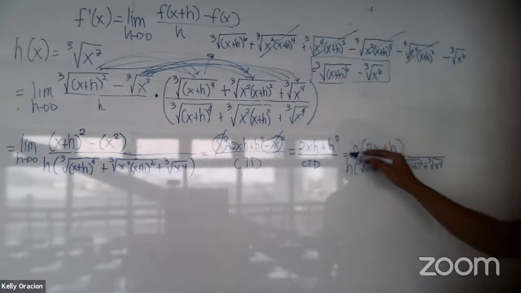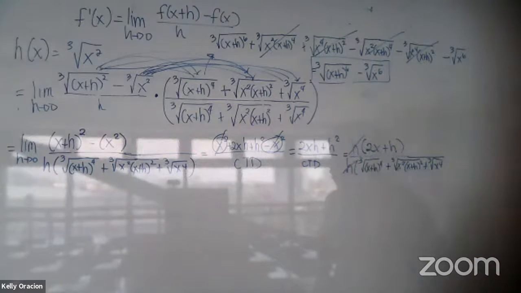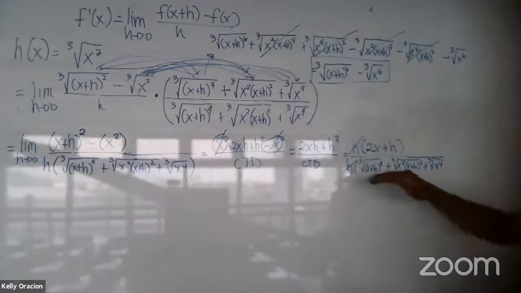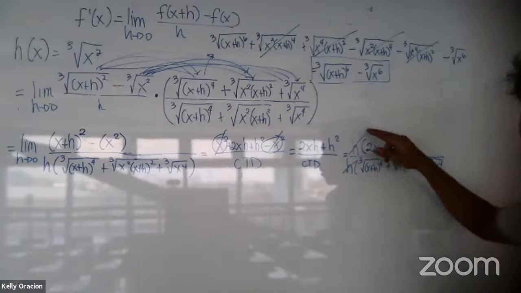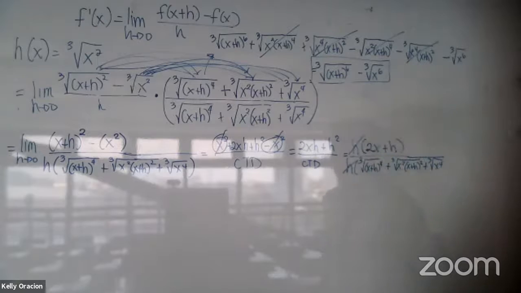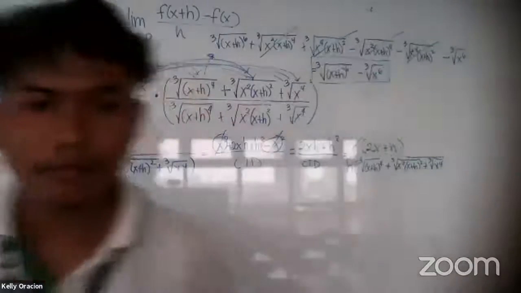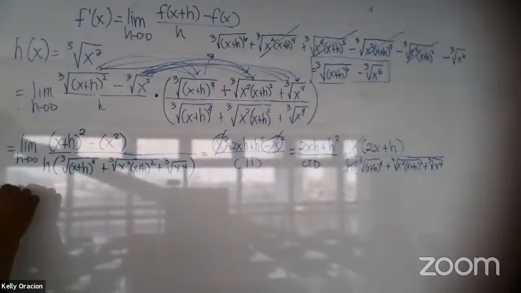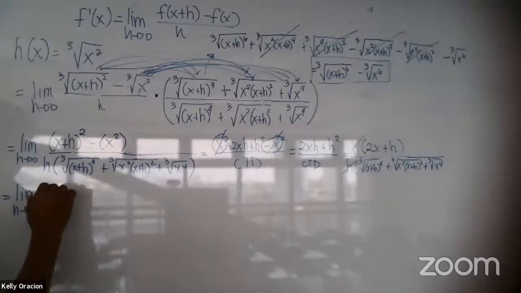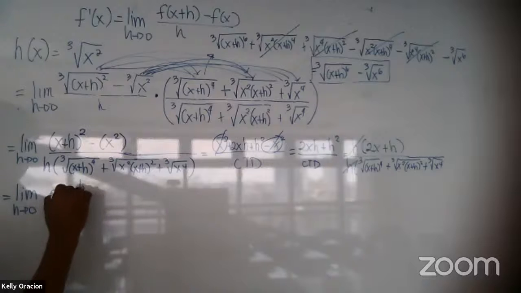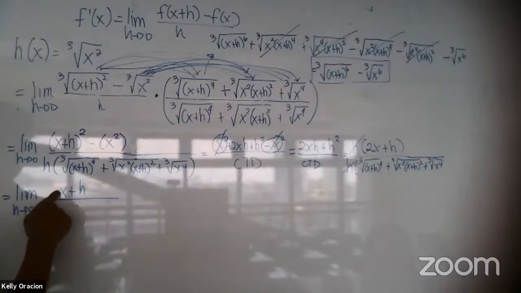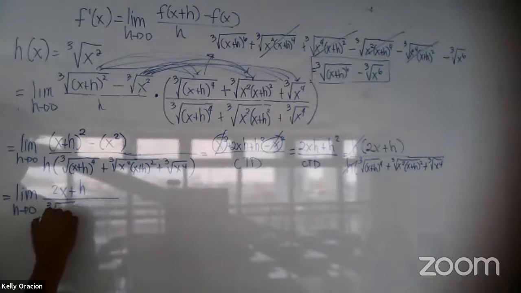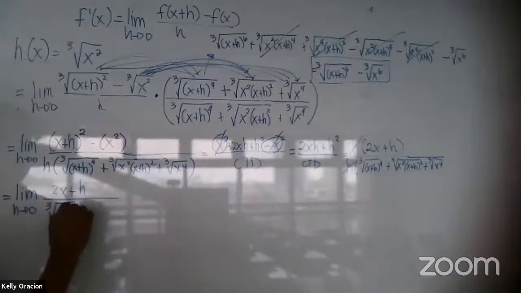Then the h cancels. That's why I suggest rewriting everything after factoring, so you can see the cancellation. What is left is 2x plus h over, x plus h raised to 4.